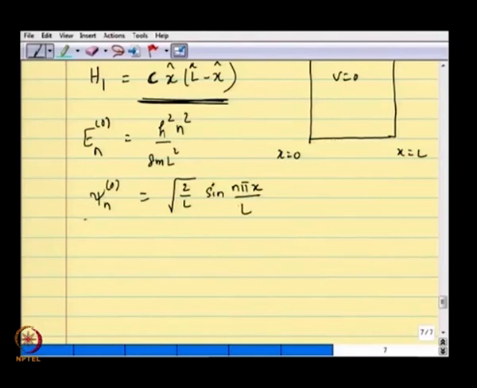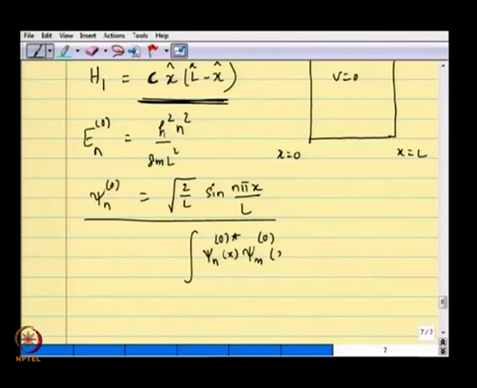Okay, so this is the 0 order wave function, and we also know that this integral of psi n 0 star psi m 0, where the variable of integration is the particle position, dx between 0 and L, is delta nm.